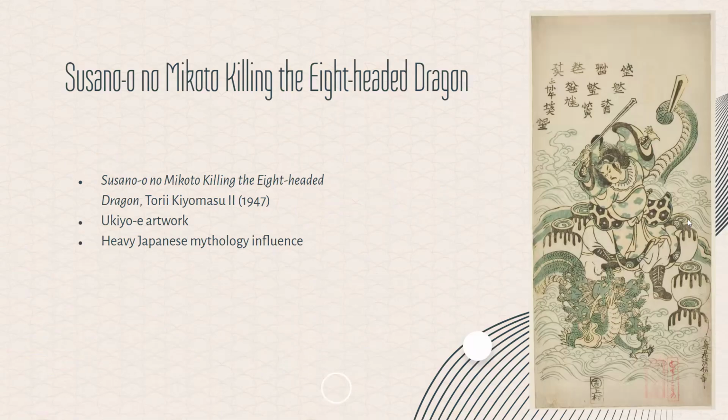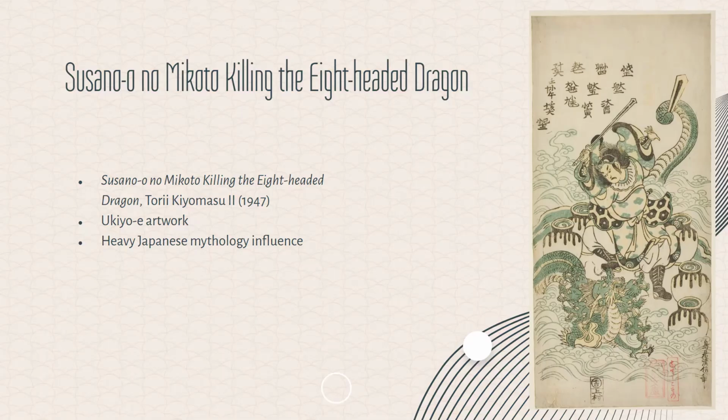So, in narrowing down my focus for our final project, I ultimately decided on Susano no Mikoto Killing the Eight-Headed Dragon, which is a woodblock print created by Torii Kiyomasu II in 1748 during the Edo period in Japan. The mythology that a country holds within its history is closely and intricately linked with its culture, which is why it's important to study and analyze such artworks in order to better understand the source country's history and sentiments as a whole.